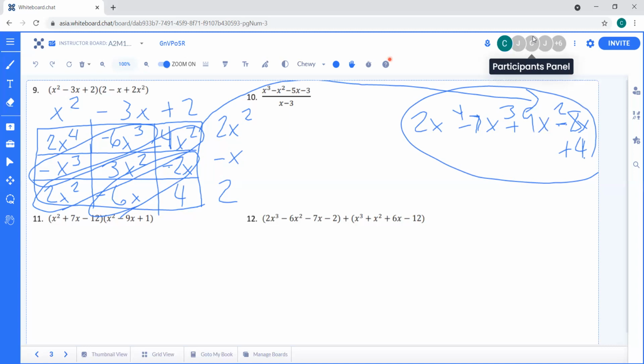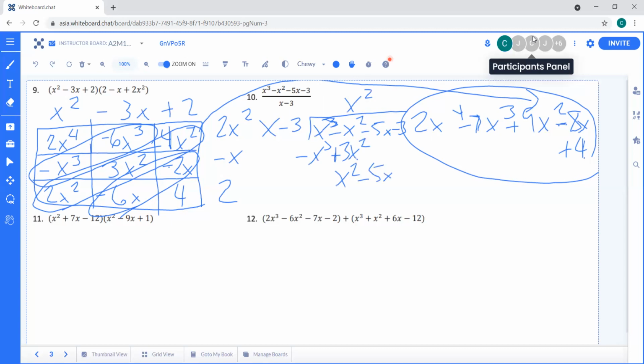All right, let's do x minus 3. Maybe I can fit it in here to the third. Minus x squared minus 5x minus 3. Okay. How do I get x to become x cubed? I have to have x squared. That's x cubed minus 3x squared. I have to negate those. So this becomes x squared minus 5x.